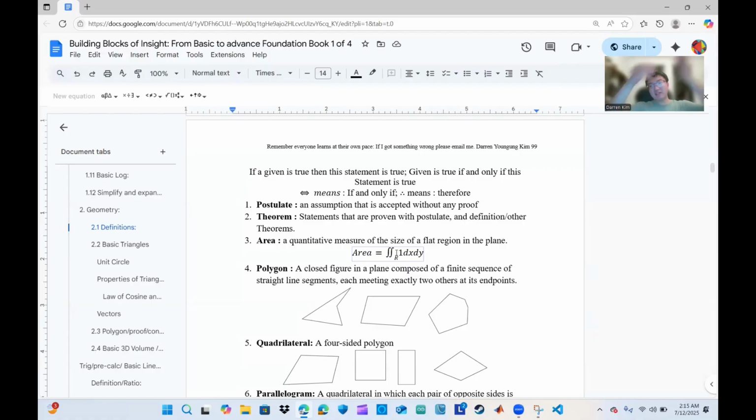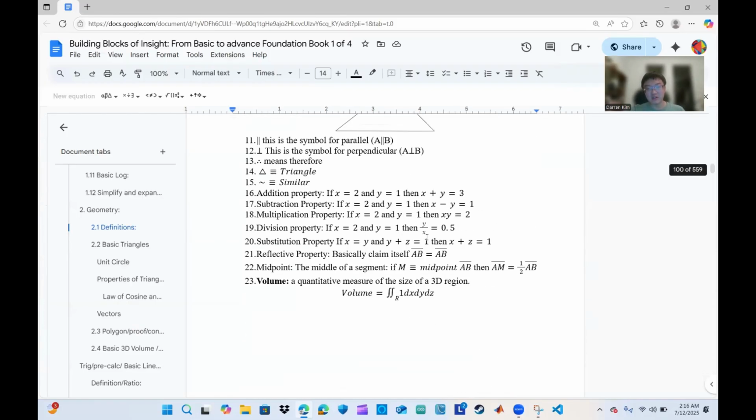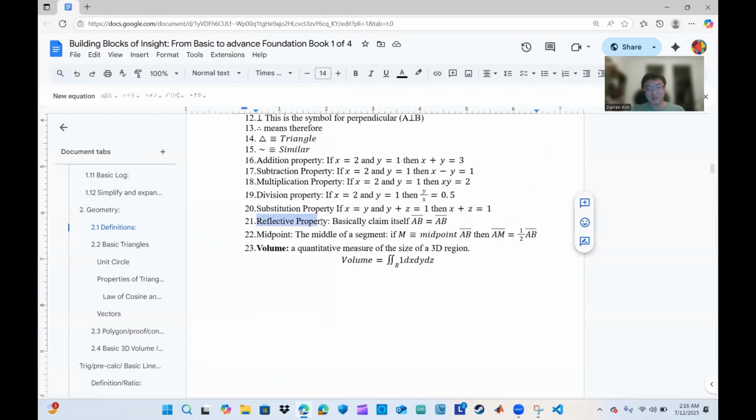So imagine a line. A line is this. That's just definition, okay? You can't really go beyond that. It is because it is. And a postulate is basically the reflexive property that I'm going to use a lot.